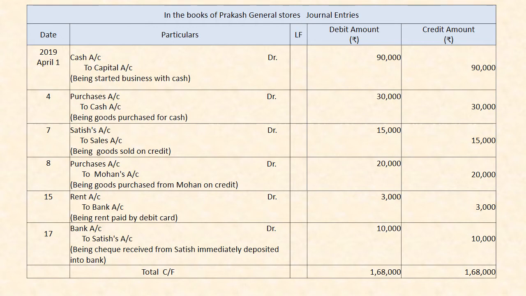Now what happened in this transaction? Cash comes in. Therefore cash account is debited and proprietor is the giver of the capital. Therefore capital account is credited. Hence write the first journal entry, cash account debit 90,000 to capital account 90,000.